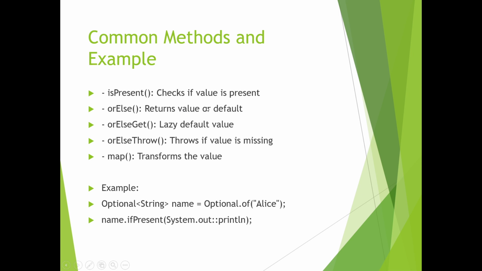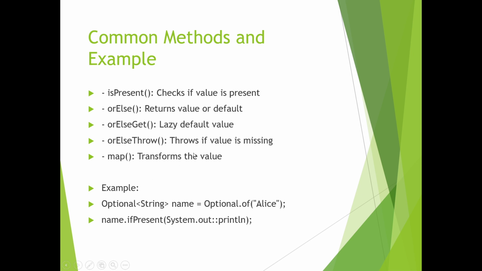Whatever value you pass with orElse, you will get this default value if you do not have a value in the container. orElseGet is the same as orElse, the only difference is that here you can pass a lambda expression. orElseThrow: if the container does not have a value, that means the value is missing, then it will throw an exception. With the help of orElseThrow, we can achieve this.